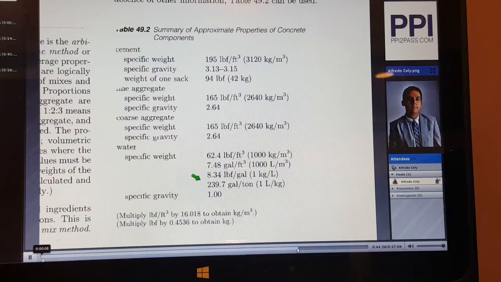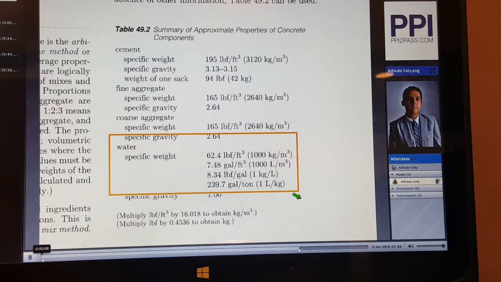And you may want to perhaps use a highlighter or simply box this part out. And it is because of these different units that you're being provided on the specific weight of water that will help you solve many different problems when it comes to volume mix type of problems of concrete mix design.